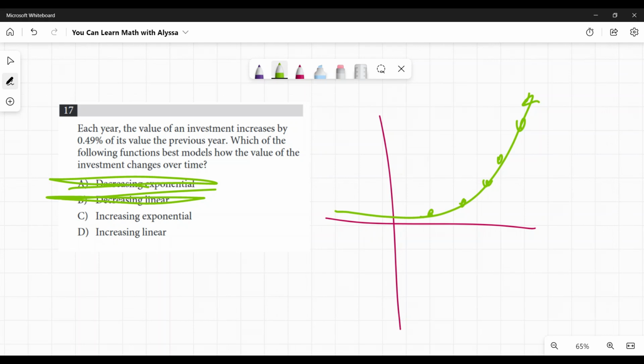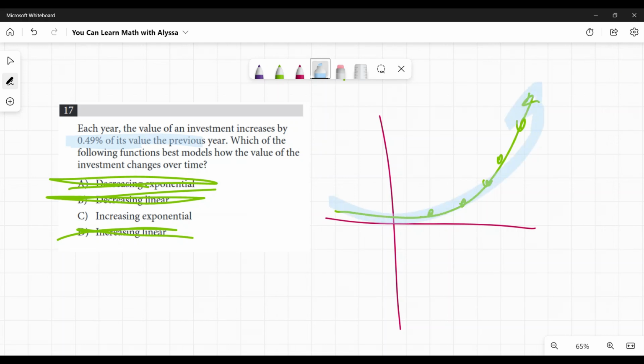So when you have an increase by a percent based on the previous year, this is an exponential function. There's not really a lot of math here. It basically is just knowing what an exponential function is, and that if you're seeing increasing by a percent, it's exponential.